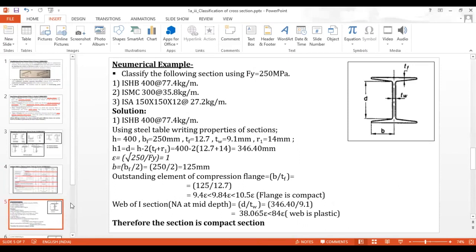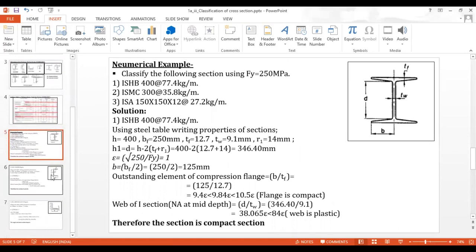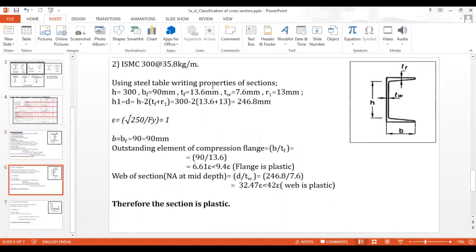The second example is for an Indian Standard medium channel section of depth 300 mm, about 35.8 kg per meter. From the steel table, we have to write down the properties of the section. H, that is total depth, is equal to 300 mm, BF 90 mm, TF 13.6 mm, TW 7.6 mm, R1 13 mm.